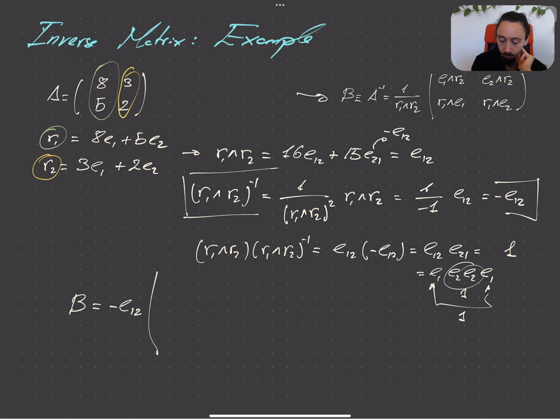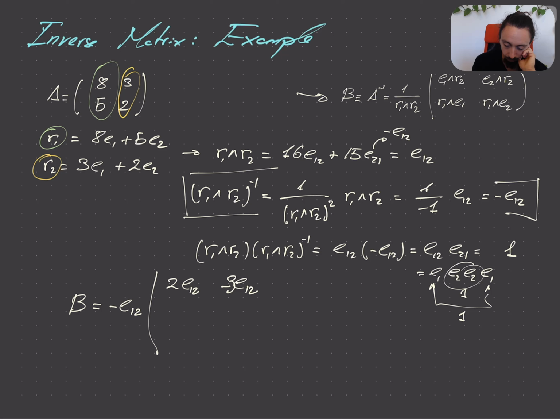So e1 wedge R2, so I come here to the left of the screen, e1 times R2, this is 2 e12, e2 wedge R2, so this will make survive only this one and make 3 e12. I'm forgetting I have 3 here, minus 3.